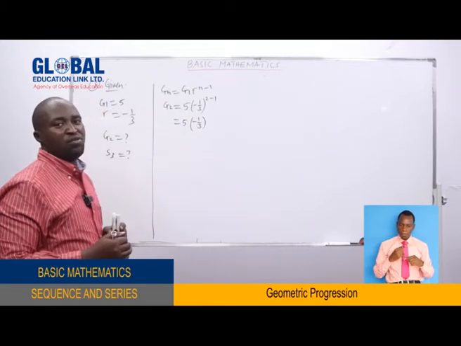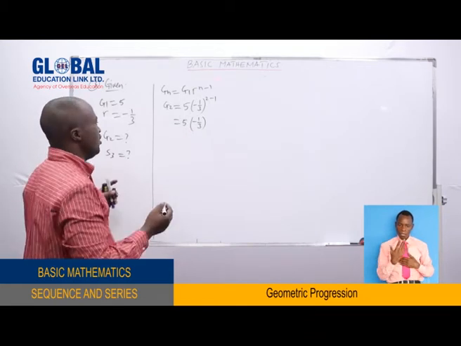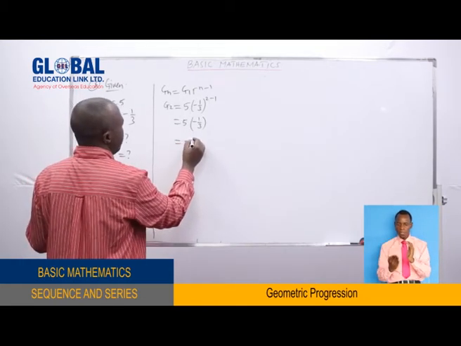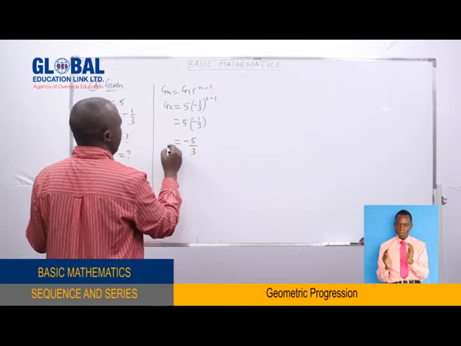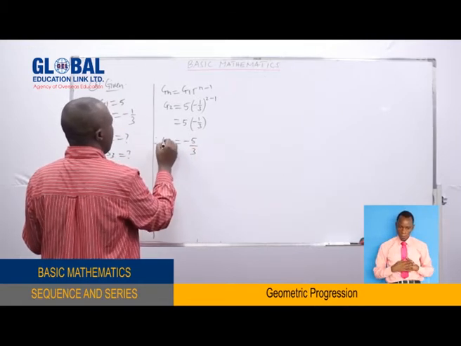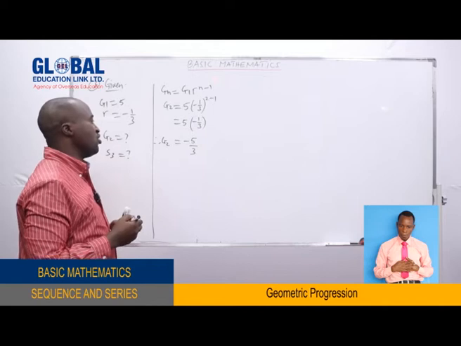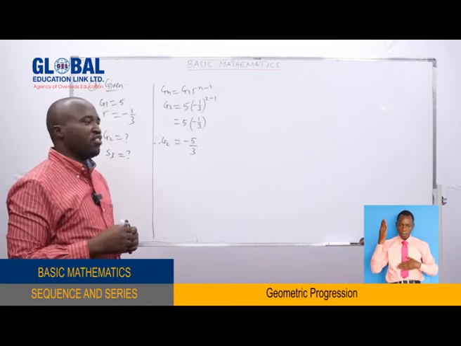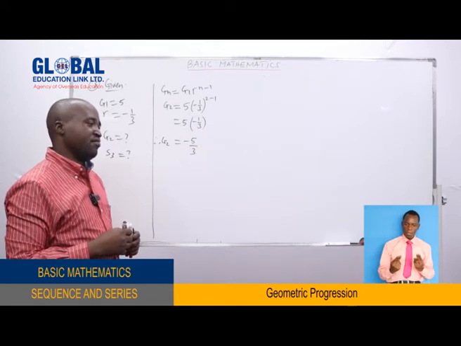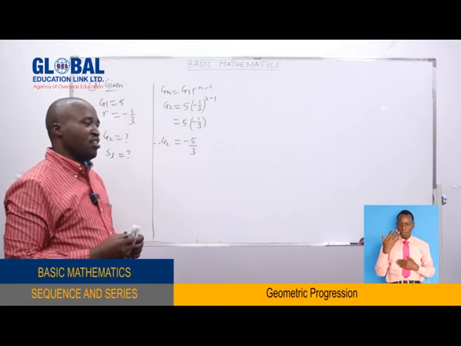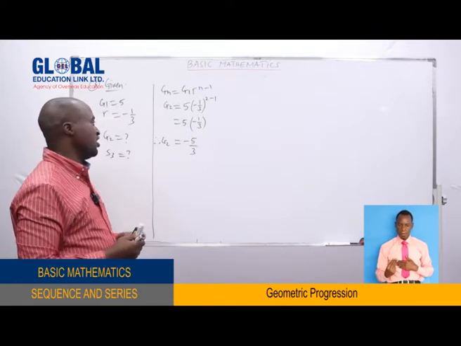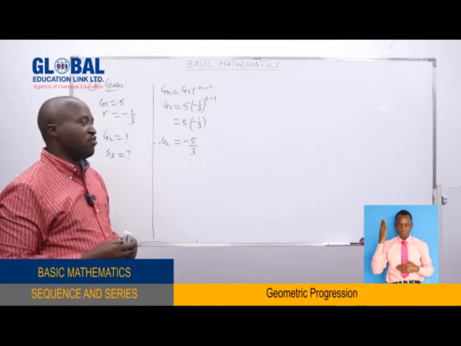Remember 2 minus 1 is 1. So in this case we have negative 5 over 3. Therefore G2 is equal to negative 5 over 3. That is the second term of the given geometric progression.